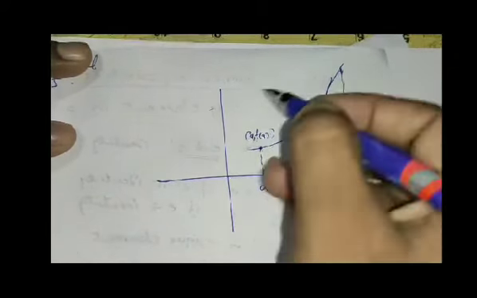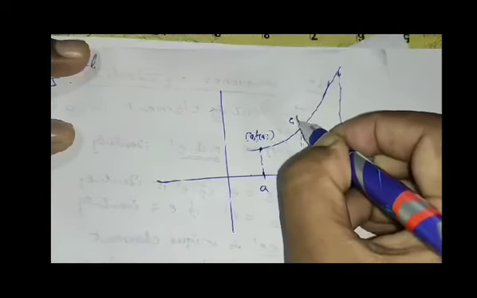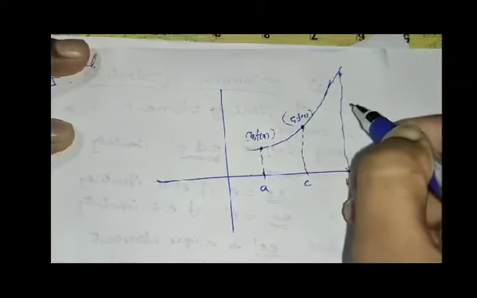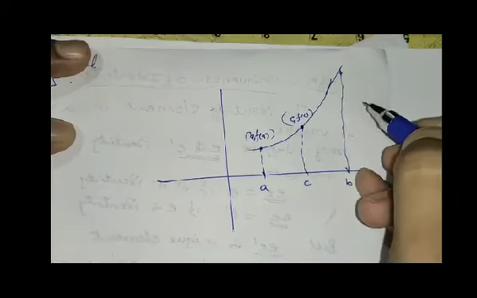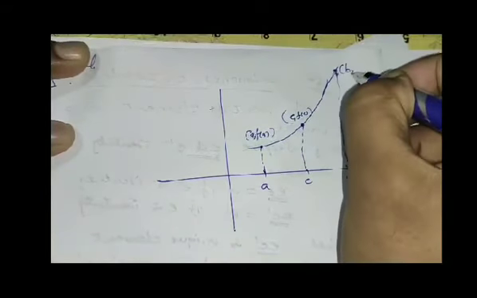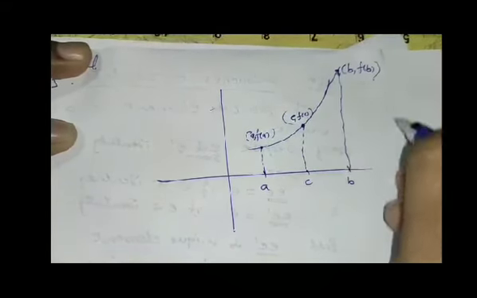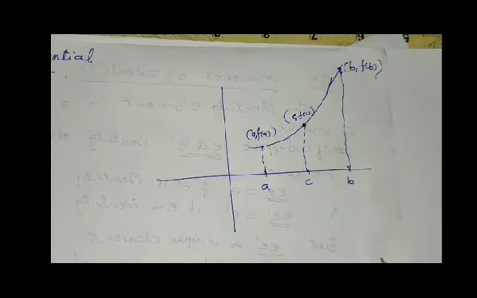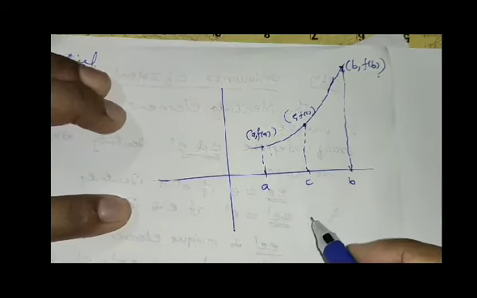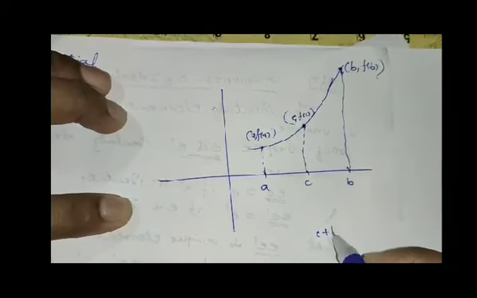For this c it is c, f of c, and for this point it is b, f of b. So here we take the element c plus h.